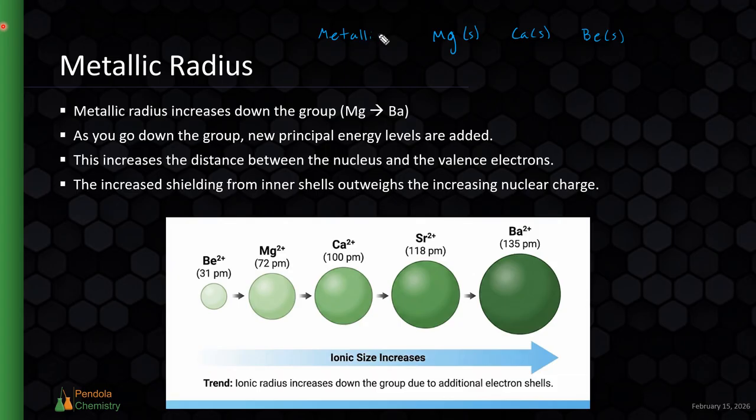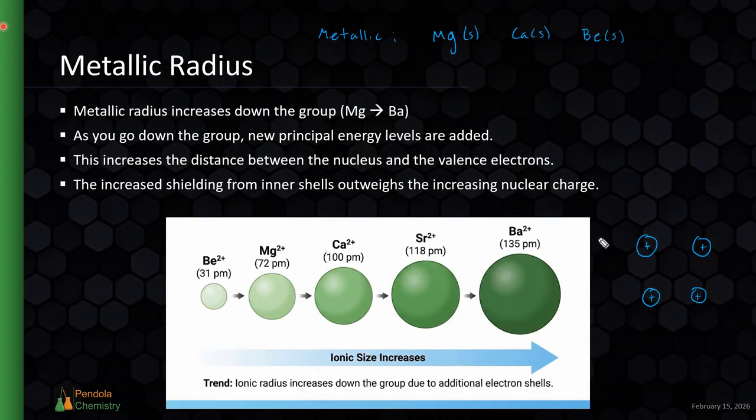Now, when they're in their metallic state, when it's an element by itself, we still have metallic ions. Because if we remember from earlier this year, when we have a metallic element, what we have is cations of that metal.